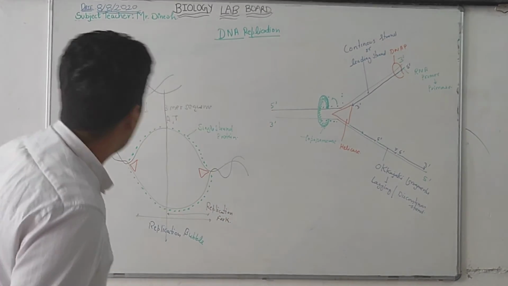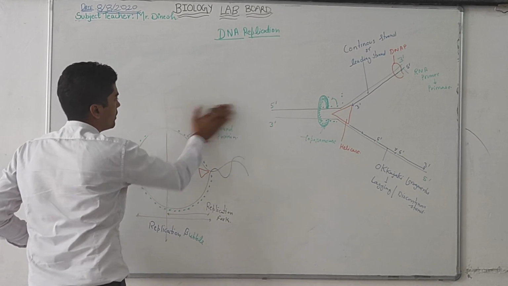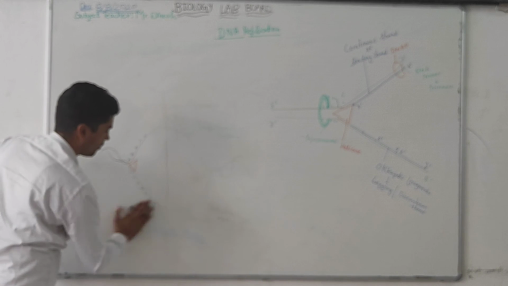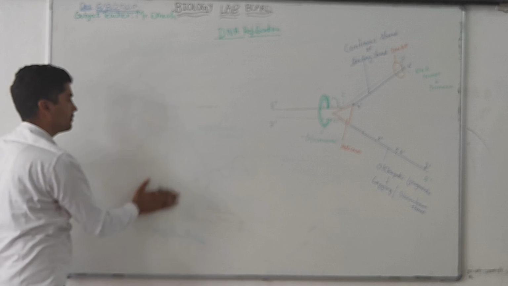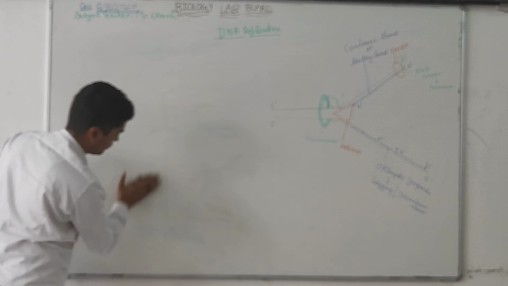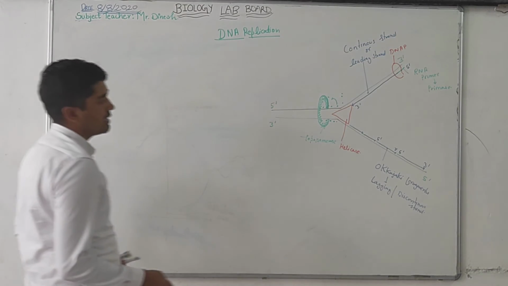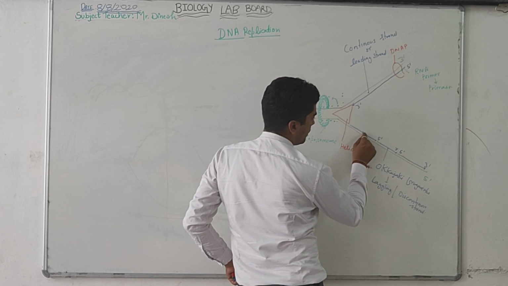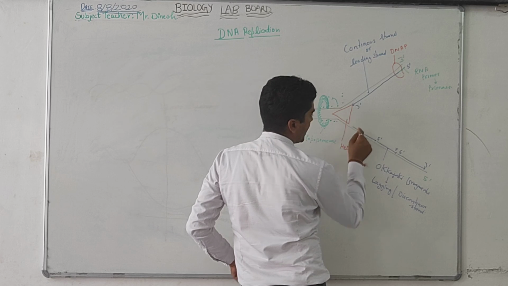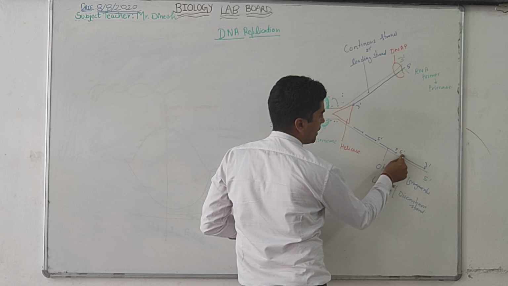So let me erase this much of the diagram. What will happen now? Now this RNA primer is removed by the enzyme RNase H. I have written that in the requirement.